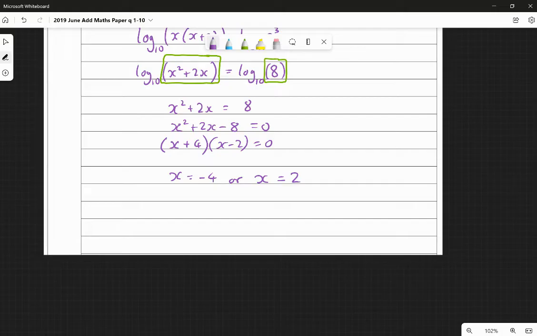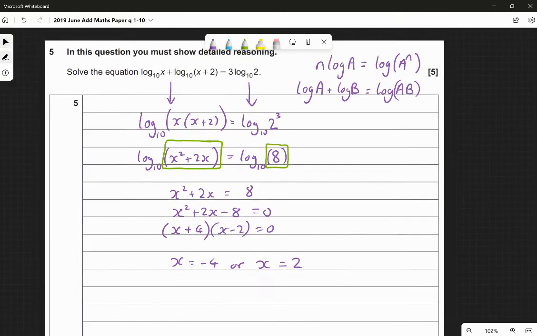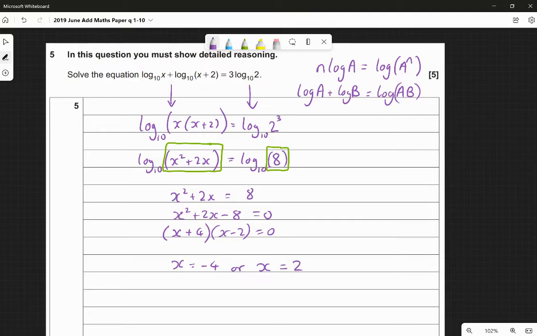Now, I need to think, do these solutions make sense for the question? I need to be able to substitute them back into the original and state that they work. So are both negative 4 and positive 2 possible solutions? Well, if I try and substitute negative 4 in as x, I will get log base 10 of negative 4. Now, that is saying what power of 10 gives me negative 4. You cannot put 10 to the power of anything that will give you a negative result.